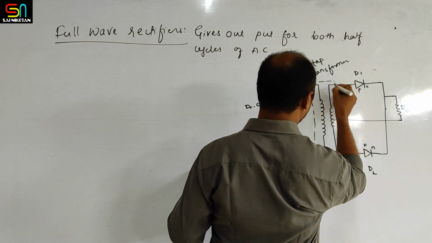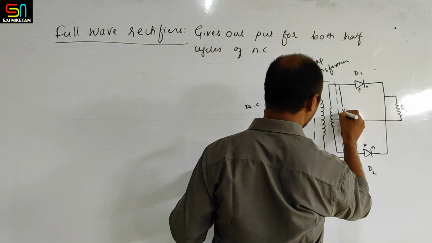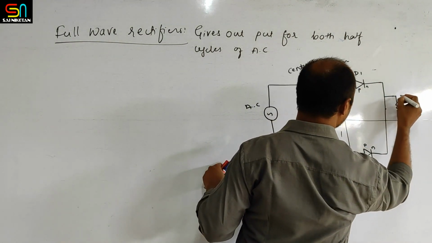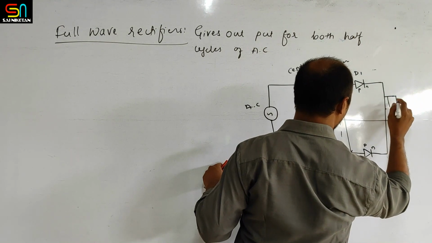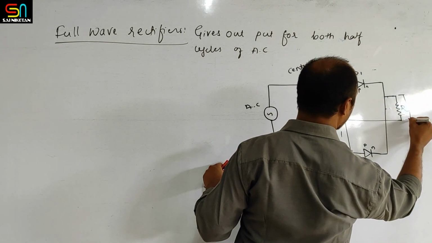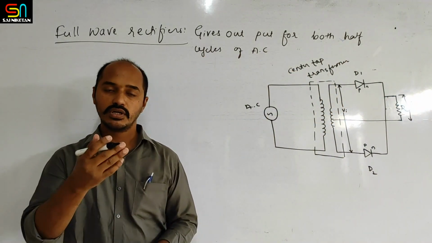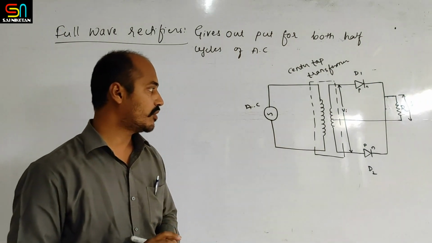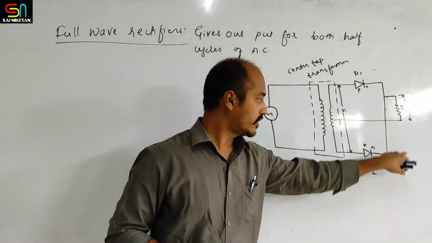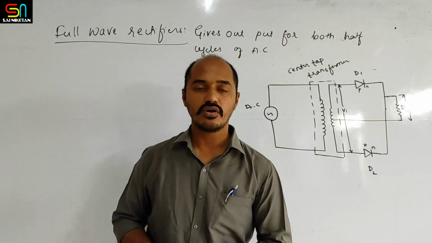Here across this one I will mark VI, the input voltage, and across this one we will mark the output voltage. The output voltage can be obtained from RL. This point is at the center, and we can take the connections like this also.